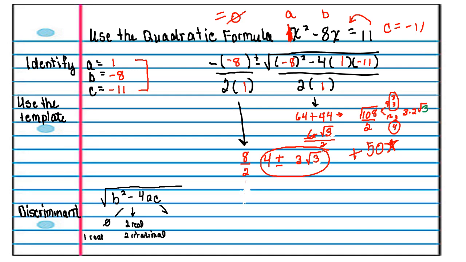And if you end up with a negative underneath the radical here, you have 2 imaginary answers, 2 complex numbers. And that's just kind of a nice little double check that helps you figure out, did I get the right answer or did I not get the right answer?